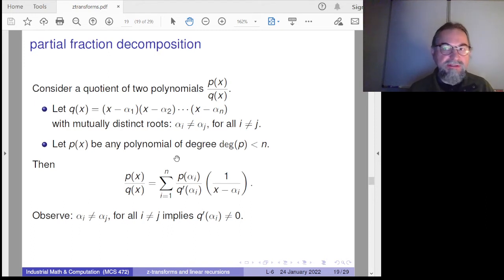And remember why this is relevant for our problem. We had the -1 and the -4/5, or for alpha 1 we had 1, and for alpha 2 we had 4/5.